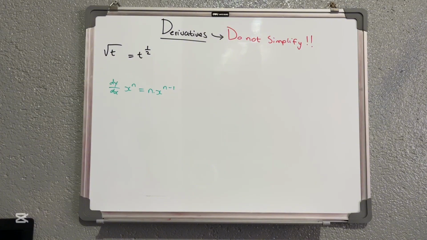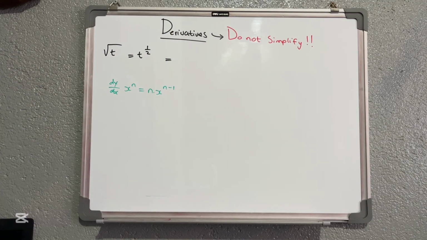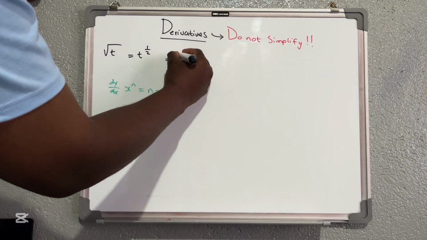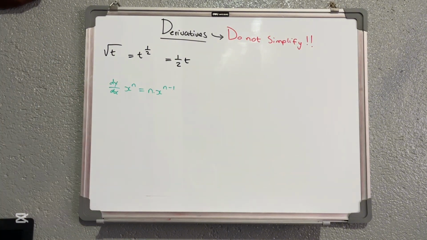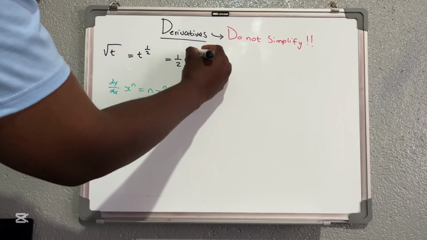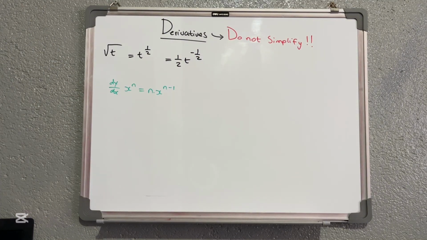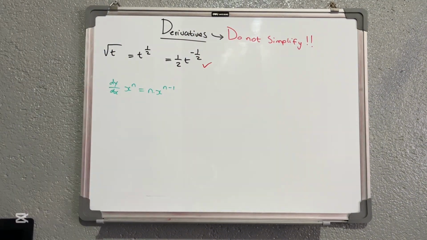So now I'm going to apply that specific rule. You drop that 1 over 2 down, then you're going to have t. Then 1 over 2 minus 1 gives us minus 1 over 2. And that's simply how you're going to leave your answer, because we are not going to be simplifying. You're going to end here.